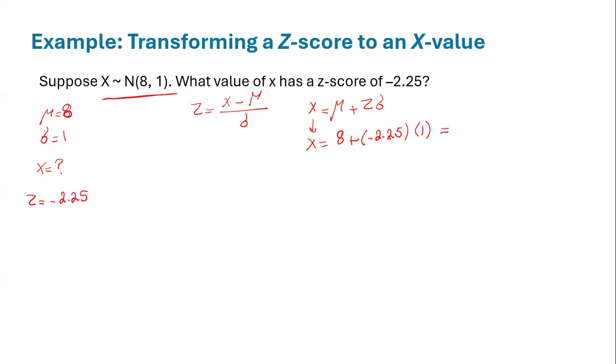But don't forget that in any mathematical operation we always follow PEMDAS, the order of operations. PEMDAS tells me if there is any multiplication, I need to do the multiplication first, and add or subtract is for the second step. And 8 minus 2.25 is 5.75.